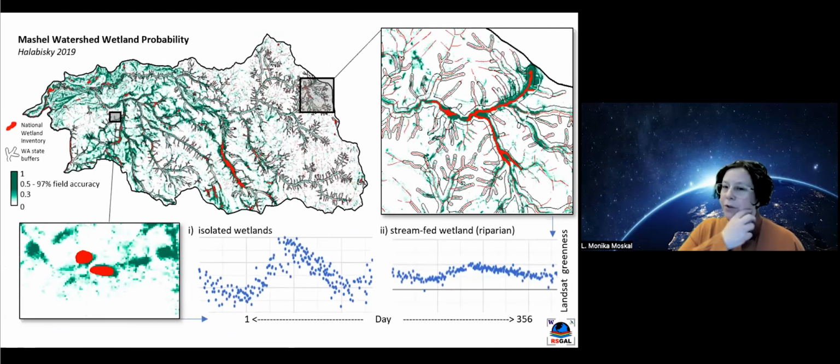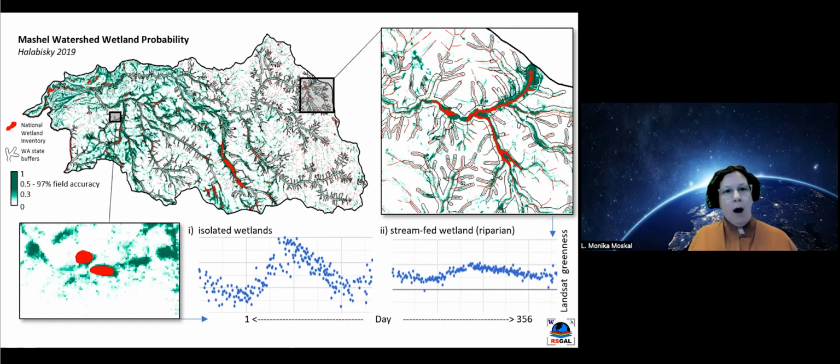As we started to do that, we realized that if you think about carbon accounting, there's the above ground biomass, but there's also below ground biomass. And in riparian areas, that biomass is associated with wetlands or wet forests, wet areas. So not policy defined wetlands, but areas that have moisture in them.